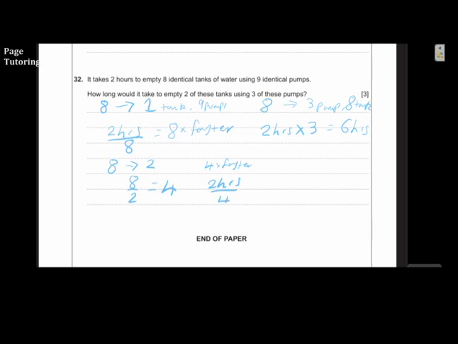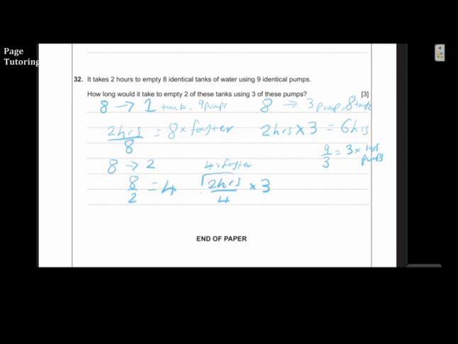But then because there's fewer pumps, so there's 9 over 3, so that's 3 times less pumps, or a third of the pumps as before. It's actually going to take 3 times longer due to that.